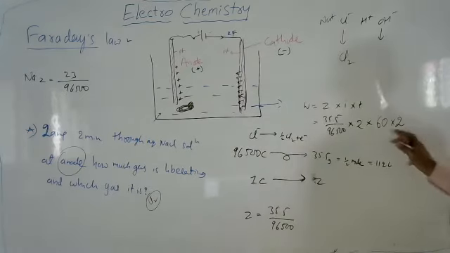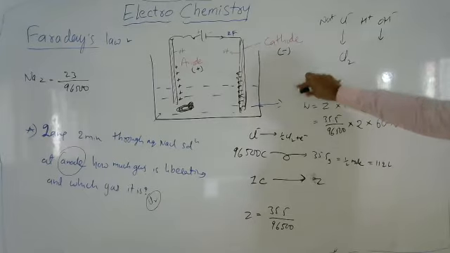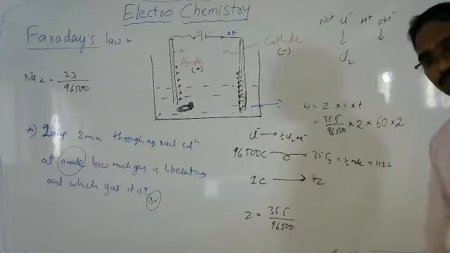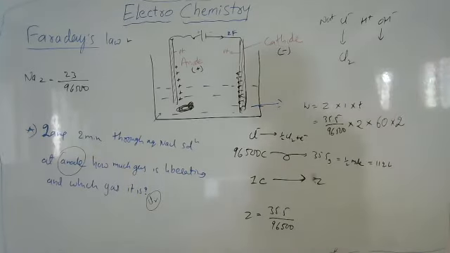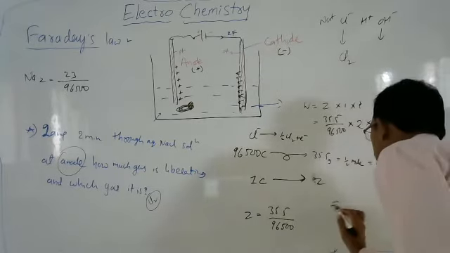Now if you do this calculation, you will get the weight, the mass. Then convert into moles, then liters. Is it clear? This numerical you have to do. This is equal to approximately, I will do it.